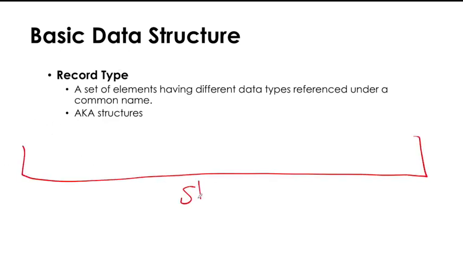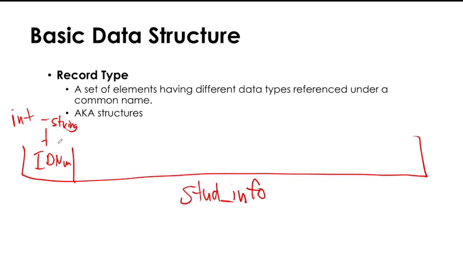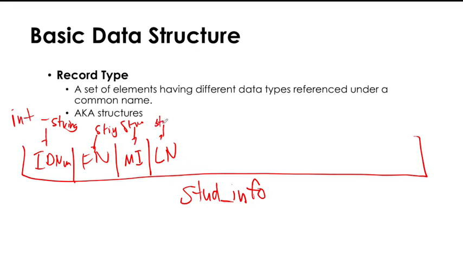Let's say we have student info, and there we have the ID number, which can be either an integer or a string, because sometimes our ID numbers have letters. Next, you have the first name, middle initial, last name, which can be a string, a character, and also a string.